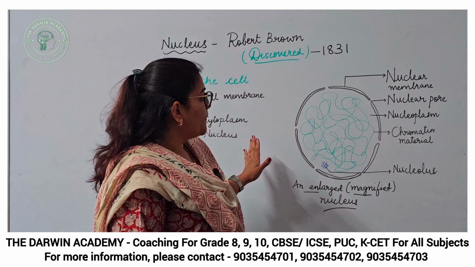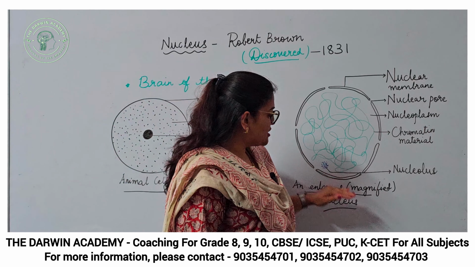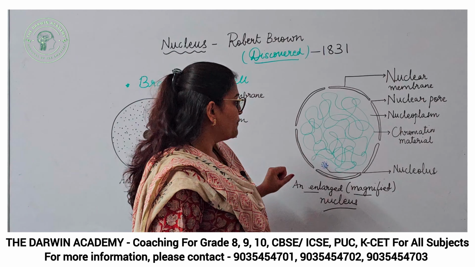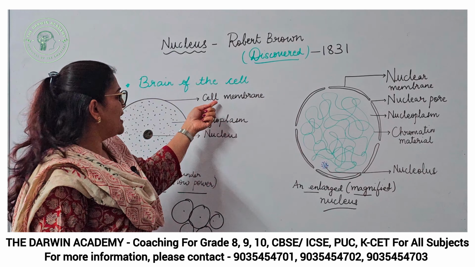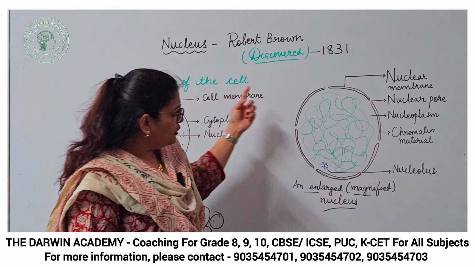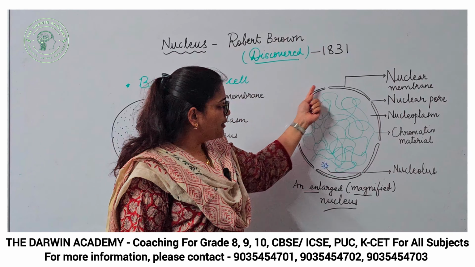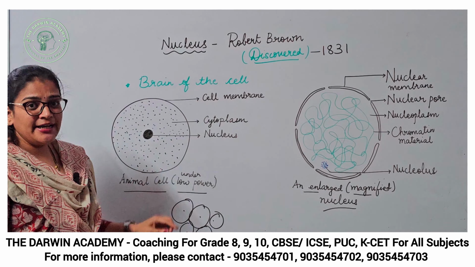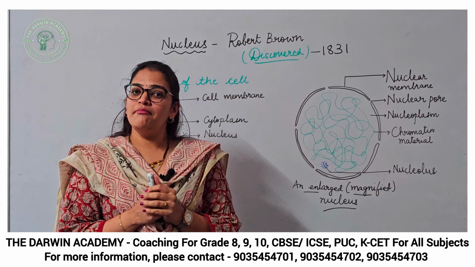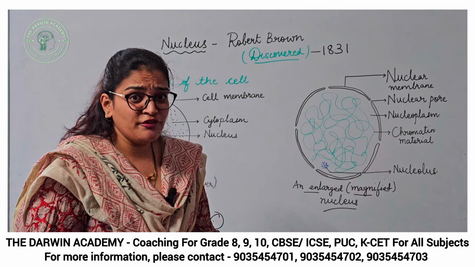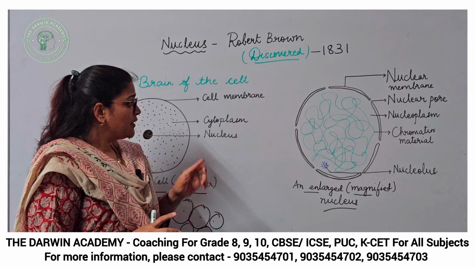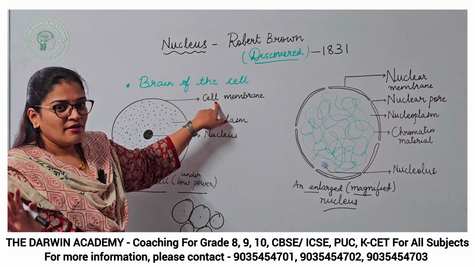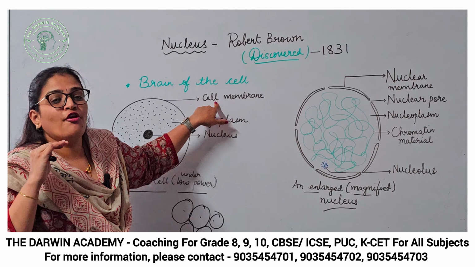Now, let us study the parts of the nucleus in much more detail. Just like the cell having the cell membrane, the nucleus is also covered on the outside by a nuclear membrane. The speciality of this nuclear membrane is that it is two-layered, whereas for the cell membrane, we are not talking about the layers for grade 9.